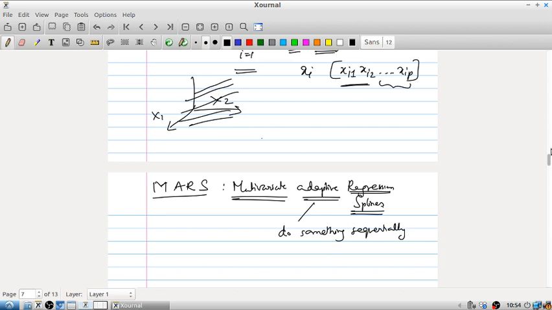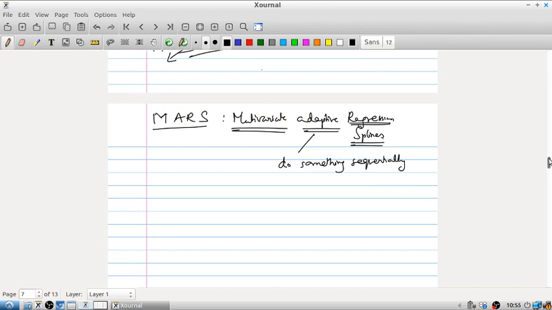And the reason why we're introducing this particular method is to get an idea of more complex, more nonlinear regression functions, regression models. In particular, we're gonna try to build a model which will be like this.